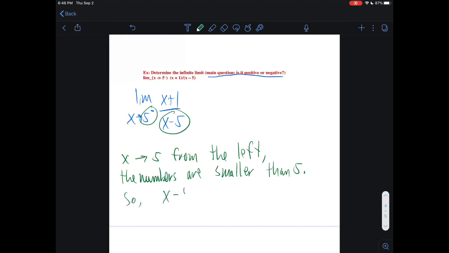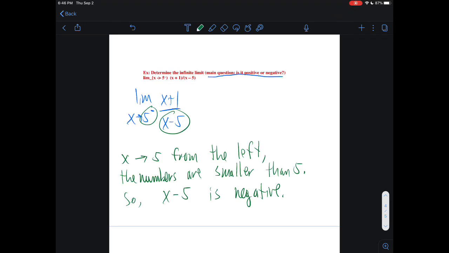So x minus 5 is negative. You can reason this with yourself by just saying 4 is less than 5, but 4 minus 5 is negative 1.